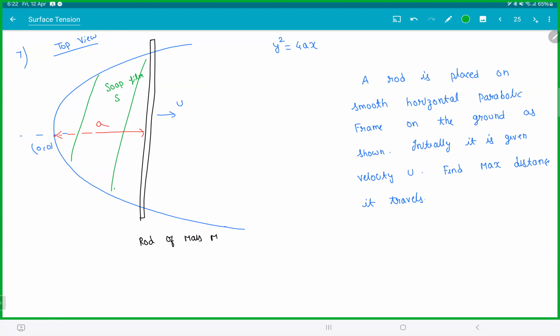The rod of mass m is placed on this thing. So basically, as you're stretching, the soap film will keep pulling the rod backward. So eventually it will slow down and stop. What is the maximum distance it travels before it stops? This is the top view, so you can ignore gravity.